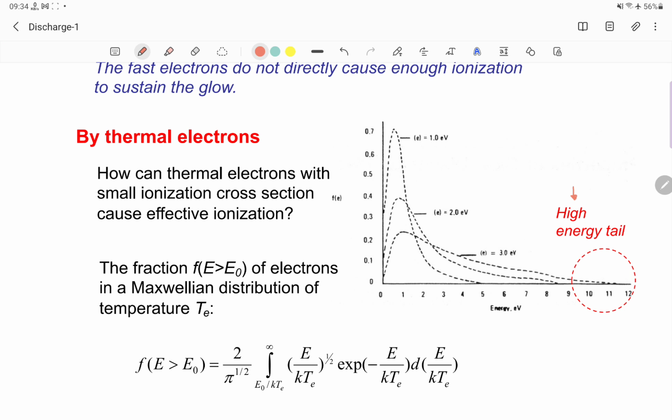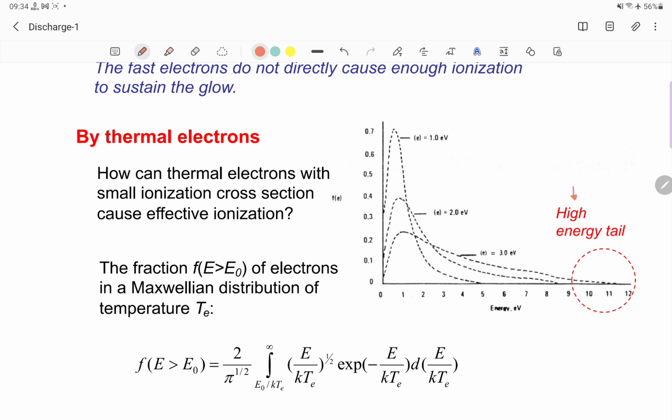Also, in Chapman's textbook, he gave a table to calculate the fraction of the high energy tail.